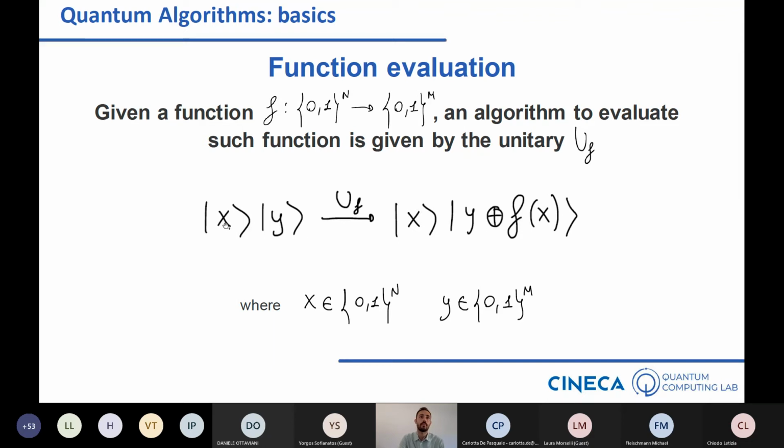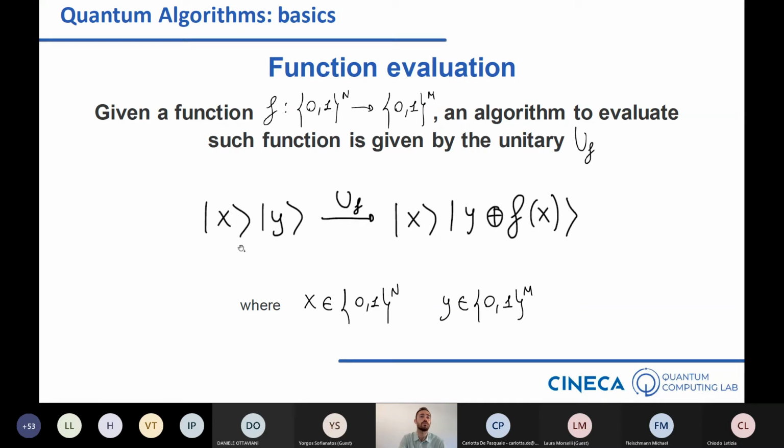You start from a bit, which is, for example, 1, 0, you apply U_f, and you get again 1, and here you get y, that is 0, plus the function evaluated in the value defined in the first bit. Okay, let me go back to this. So this is the definition, okay?